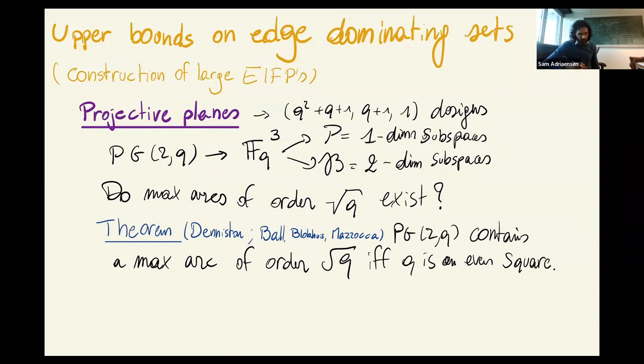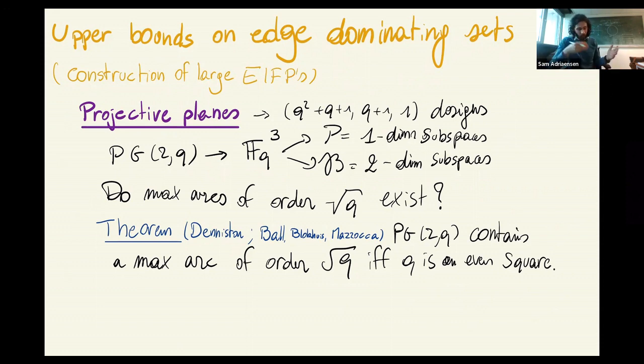Interesting to note here is that there are other examples of projective planes, and one of these are the Lüneburg planes, and Jeff Thas proved there that they also admit maximal arcs of order square root of q. So in the non-classical case, there are still some planes which admit these arcs. And so now in this case, we know exactly what the edge domination number of that incidence graph is.